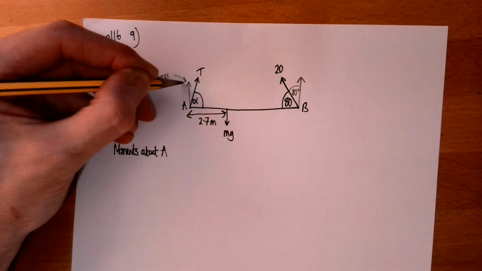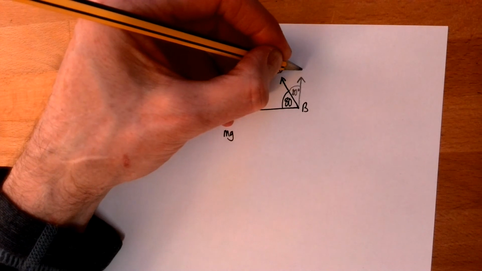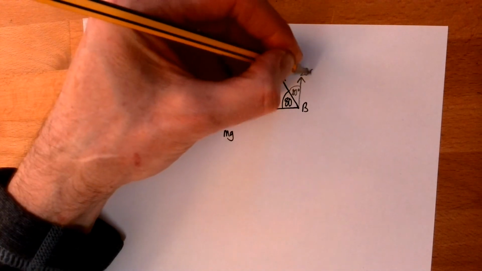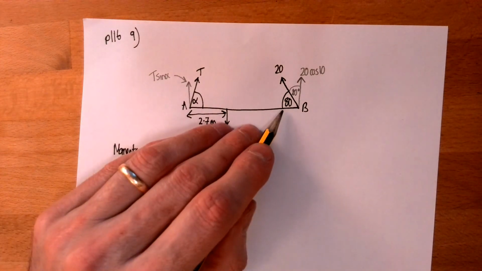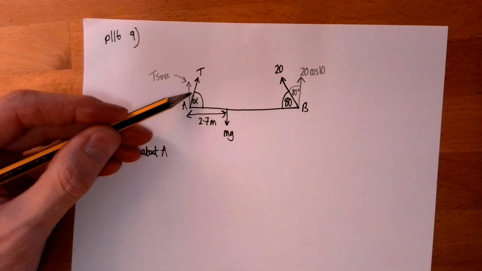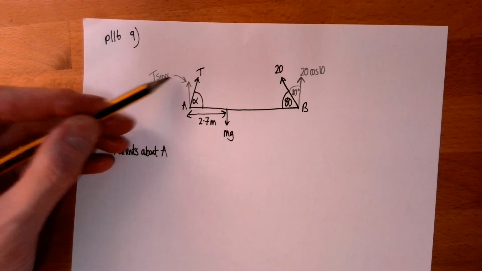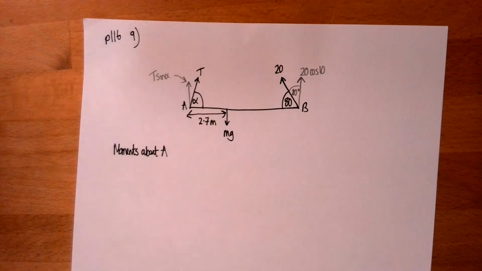So that's the perpendicular component there. The perpendicular component here is 20 cos 10, or 20 sine 80. And because I don't know this angle and therefore can't work it out, I'm using T sine alpha. Anyway, have a go at that question, then pause the video and come back and you can see my solution.